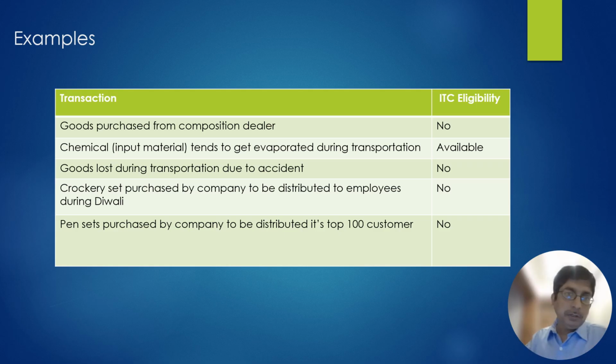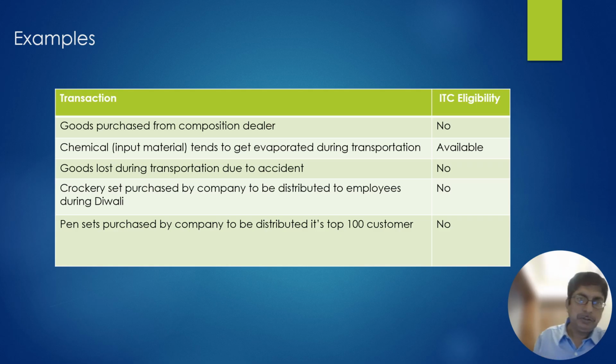Next example, goods lost during transportation due to accident. This is an abnormal case: the materials are purchased and when transported from one place to another, the truck met with an accident and the goods were destroyed. GST credit is not available on those materials because this is an abnormal case.